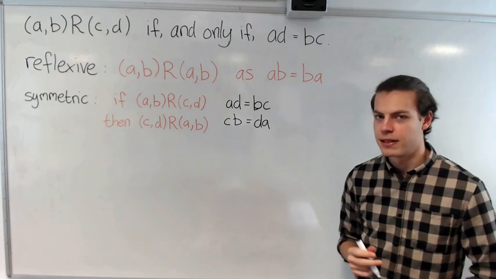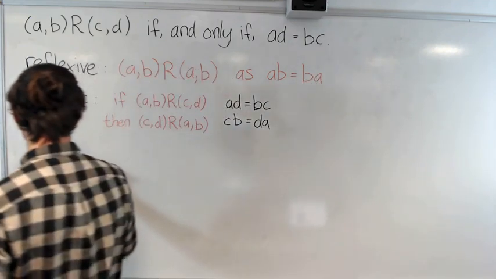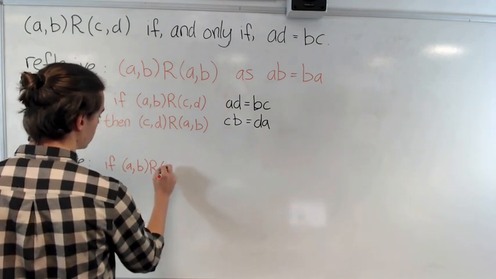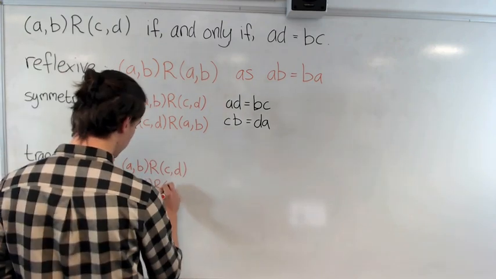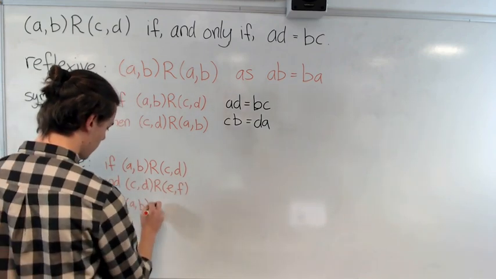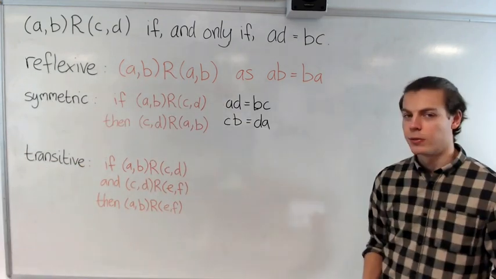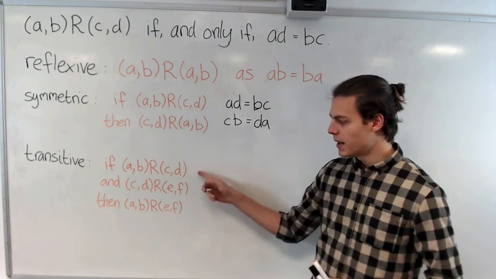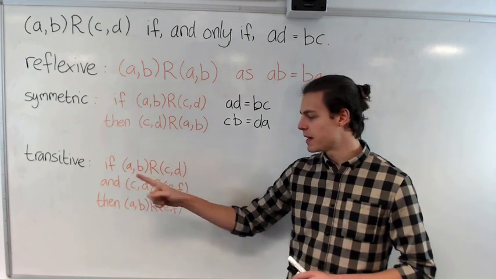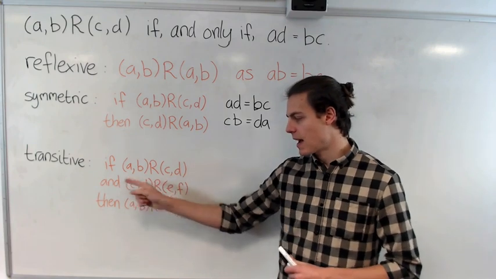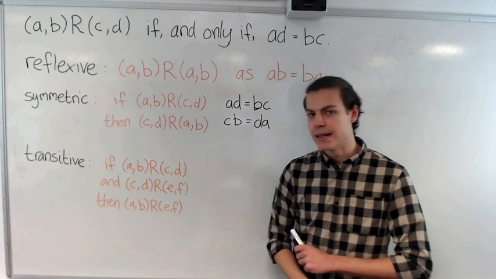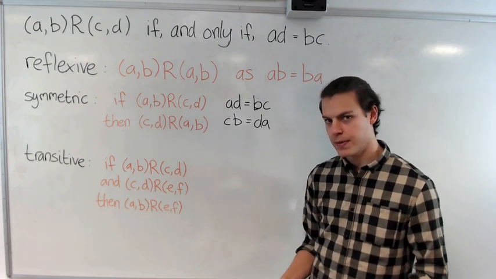Finally, let's check the transitive property. So we need to check whether this property is true for this relation. If AB is related to CD and CD is related to EF, then AB is related to EF.